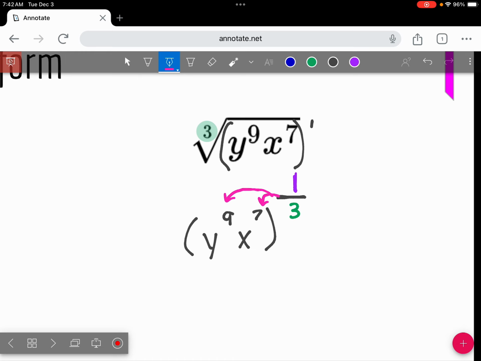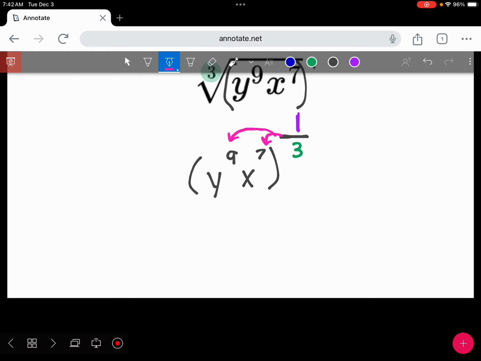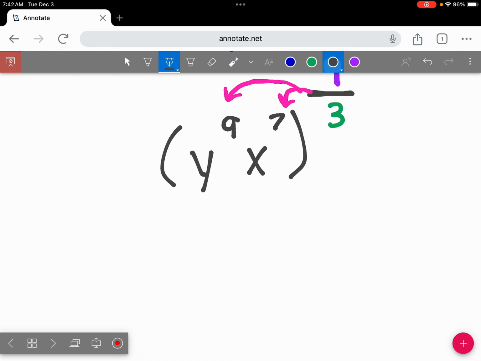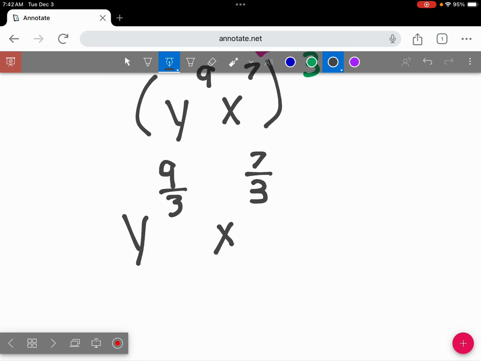Powers over powers, we multiply. So I could write this as y to the 9 times 1/3, which is 9/3, or x to the 7/3.